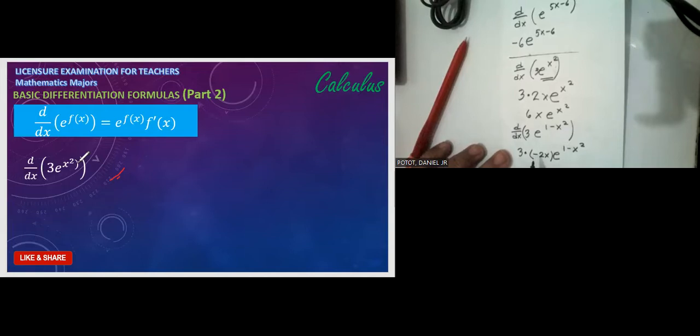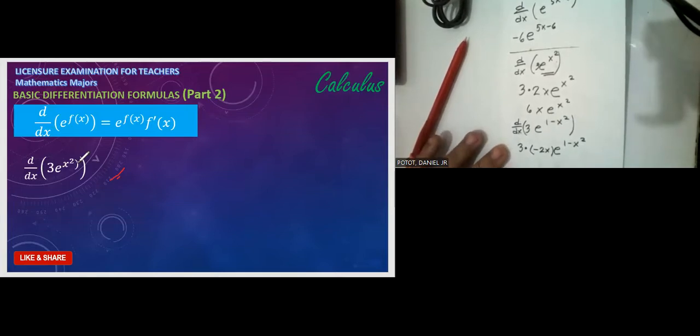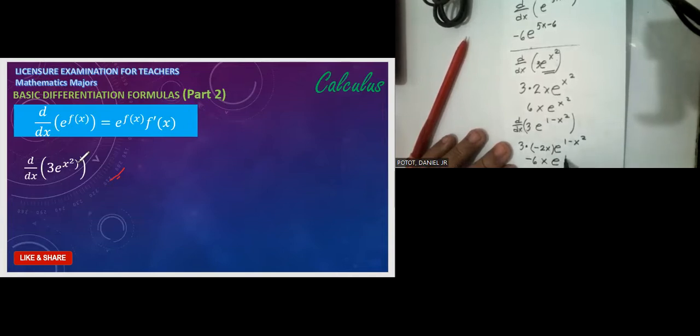Make it a habit to put a bracket, because sometimes you have a negative, and if you don't put the bracket, you will get confused. It will become 3 minus 2x. Hopefully you won't do that in your examinations. So you have 3 times negative 2, which is negative 6x e raised to 1 minus x squared.